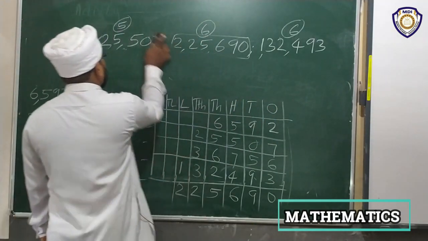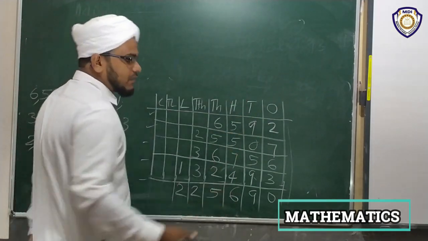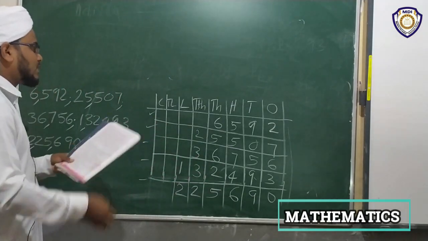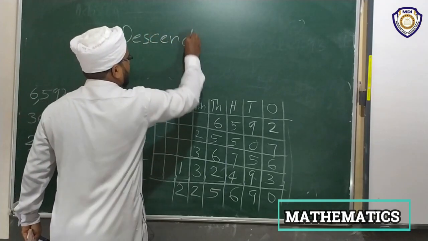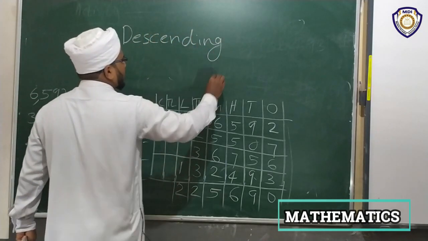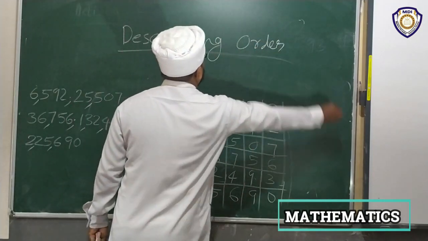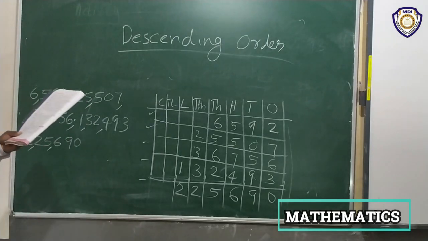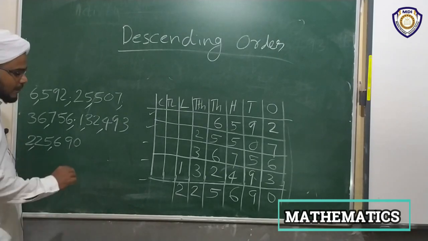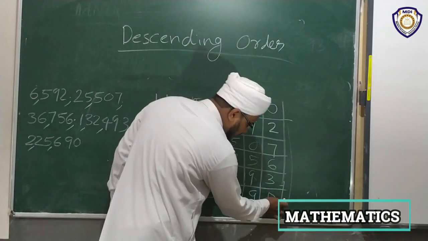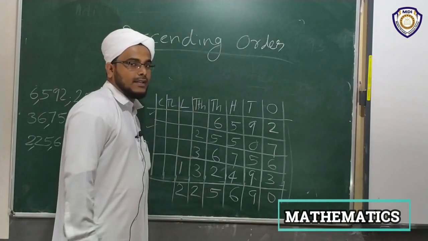Please listen here. If you are familiar with ascending order, then descending order is very simple. Descending order means we have to write first the largest, then next largest, and last the smallest.